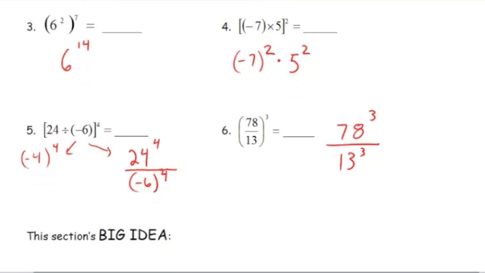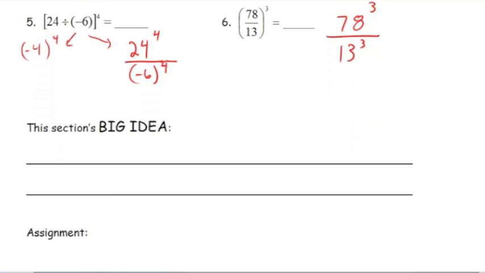Okay, and that's the end of exponent laws. There are really three big ideas in this section, and those are three new exponent laws. If you have a power raised to a power, we can multiply those powers.